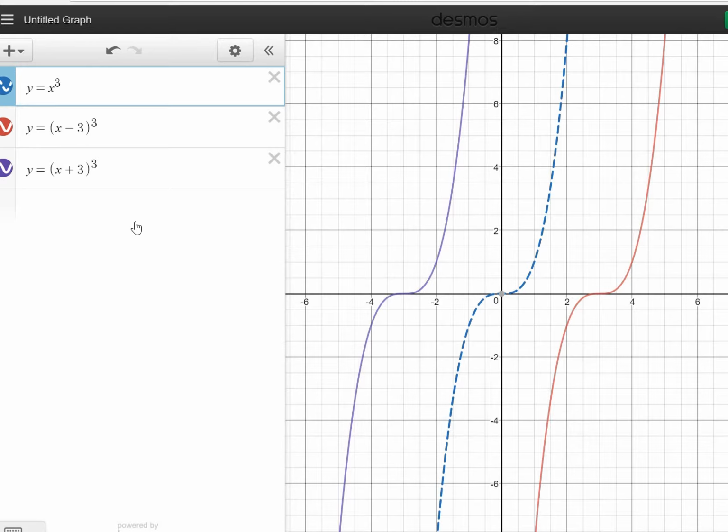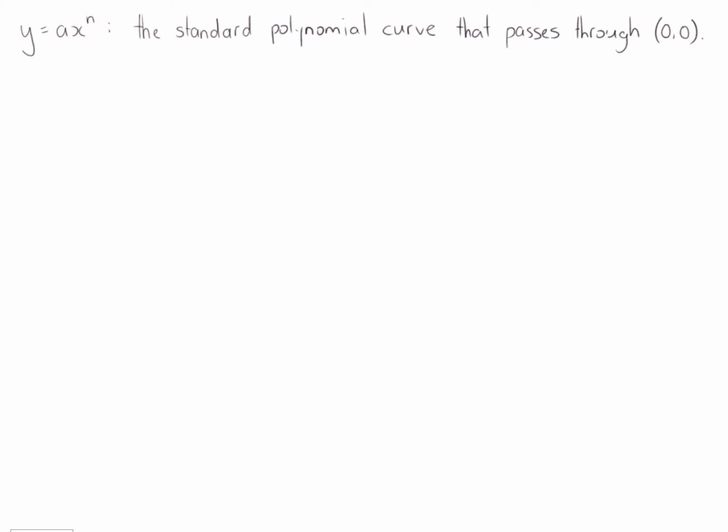Let's go back now and write a few notes, and we'll sketch some examples ourselves. Let's first of all write a definition for our standard polynomial curve y equals ax to the n. Regardless of the power of n, our standard polynomial curve always passes through the origin, through 0, 0. What if we have a minus in brackets?